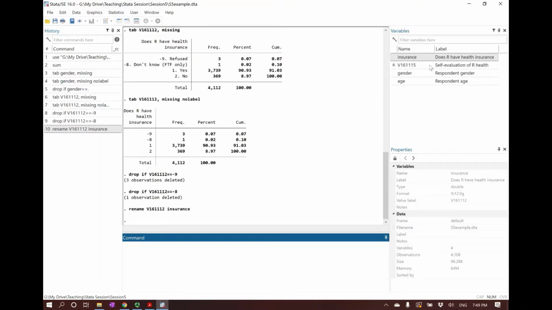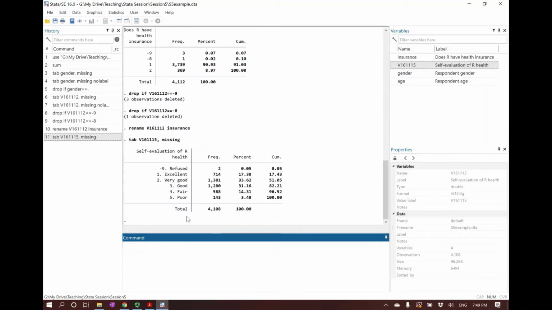Now I'd like to deal with the health status variable. I'm going to do tab CV15, missing. So I have 5 categories, and also I have 2 respondents who refused to answer. If you'd like to see the nolabel version, you can do that, because sometimes the names of the categories just give you excellent, very good, good, fair, poor.